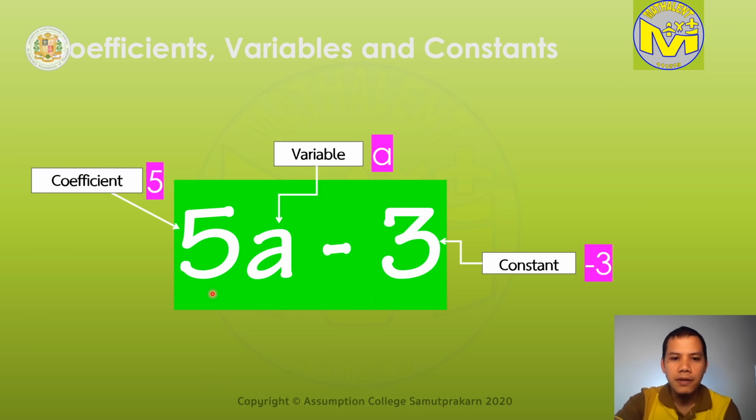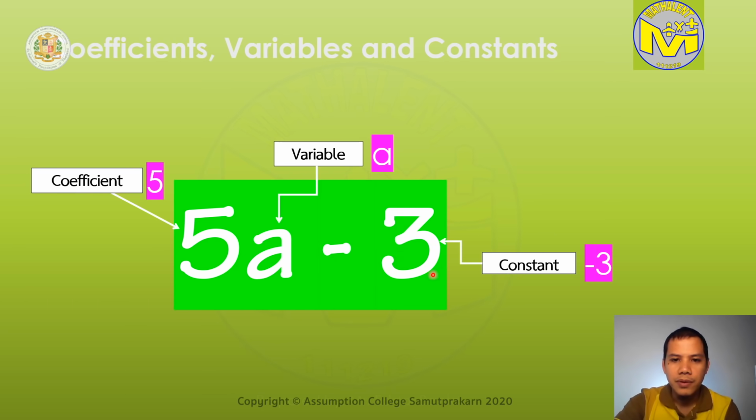Before, I told you that 5 is also a constant. Yes, it is a constant in this term. We call it coefficient because it is together with a variable. When a constant is together with a variable, it is called a coefficient. If it doesn't have a variable, it is called a constant, like this.